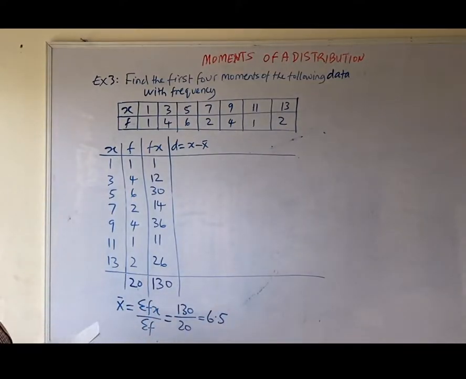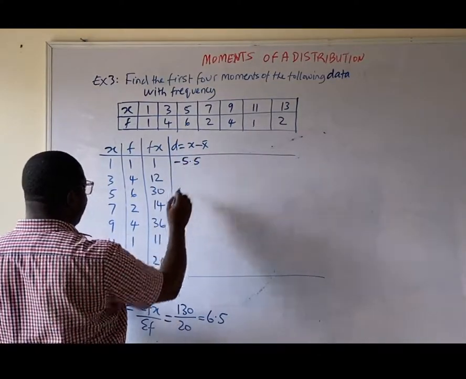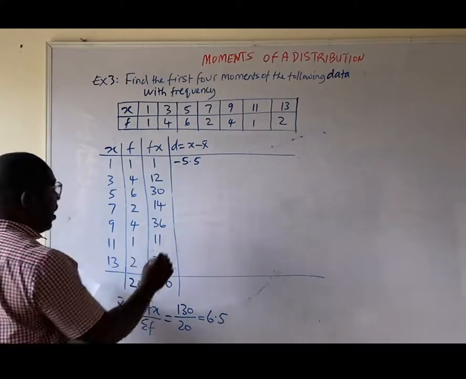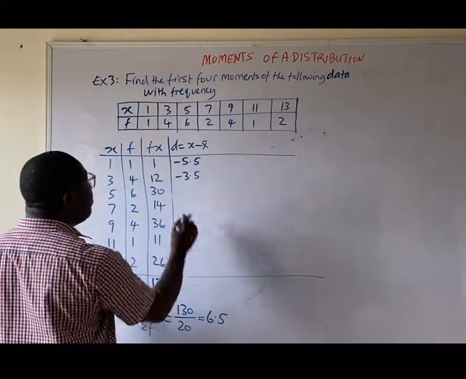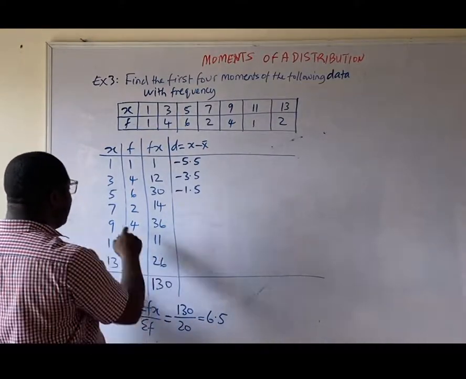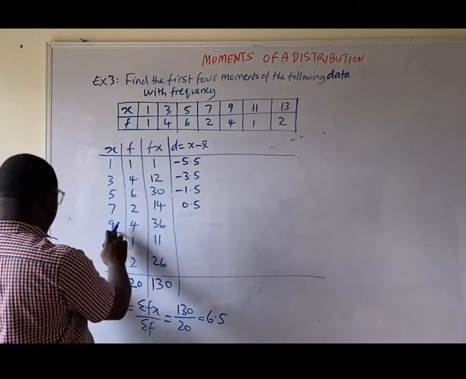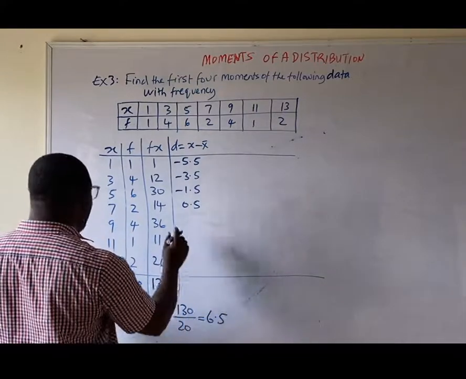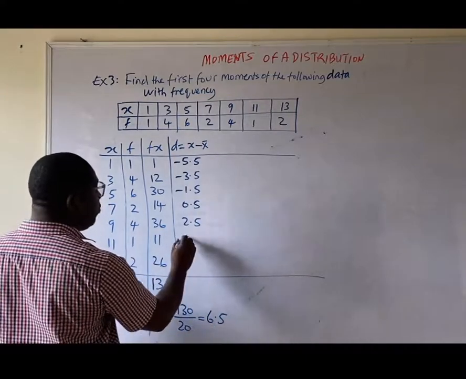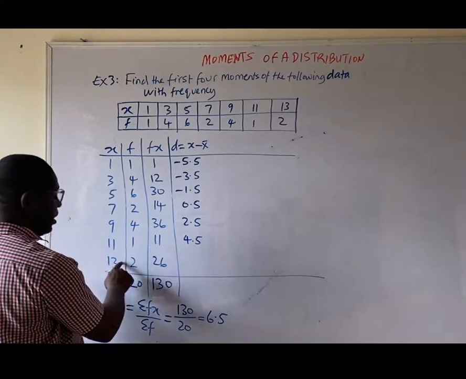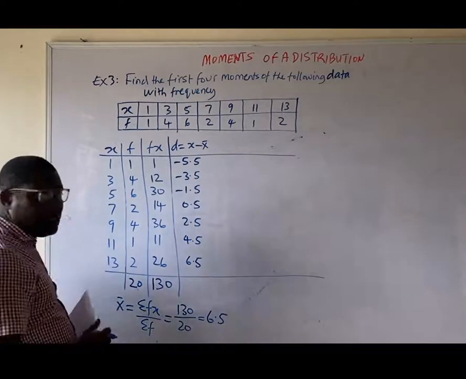Follow me along. 1 minus 6.5 will give us minus 5.5. 3 minus 6.5 gives minus 3.5. 5 minus 6.5 gives minus 1.5. 7 minus 6.5 gives 0.5. 9 minus 6.5 gives 2.5. 11 minus 6.5 gives 4.5. 13 minus 6.5 gives 6.5. So this is the deviation.